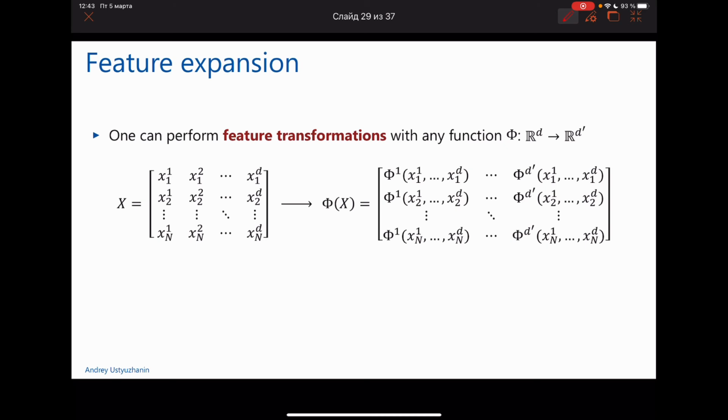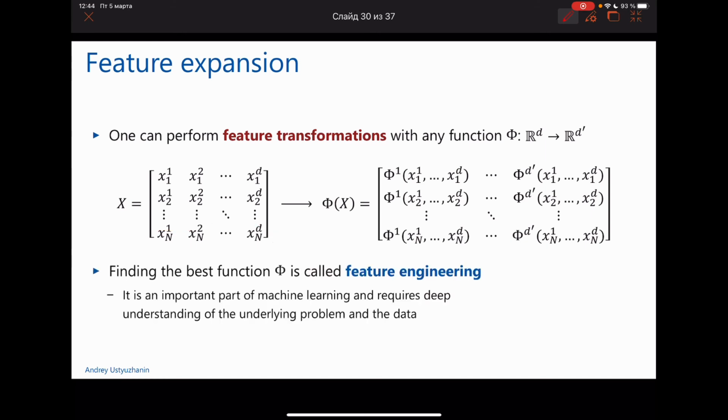So, for example, if you add a so-called feature transformation with some function phi and replace your initial features with those phi features, so that it operates on all the features that you have and transforms them to a vector of phi features, then you can make your solution much more powerful. And finding such a function phi is called feature engineering.